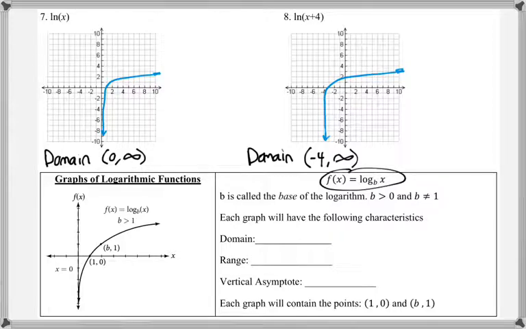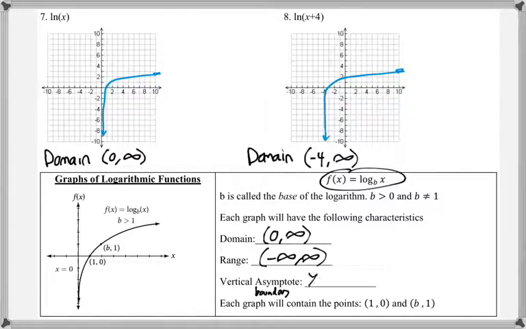So my domain is going to be 0 to infinity, as long as there's nothing added, like in this one. The range, it's going to go as far down and as far up, so -infinity to infinity. There's going to be a vertical asymptote, and again, asymptote is just a fancy word for boundary.